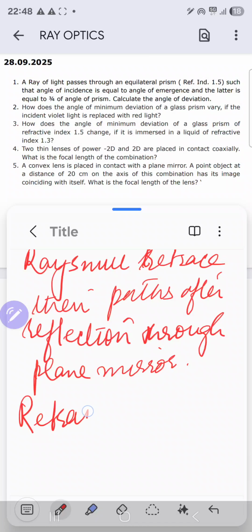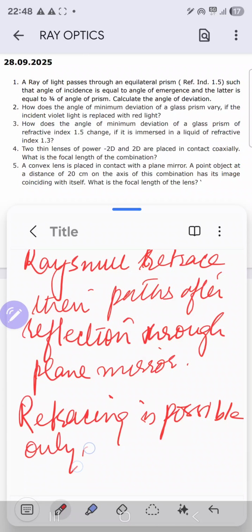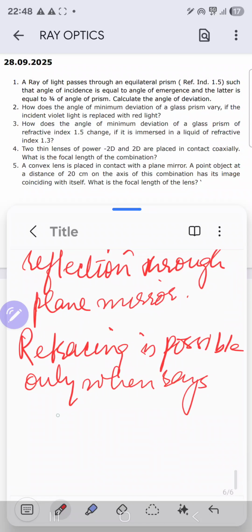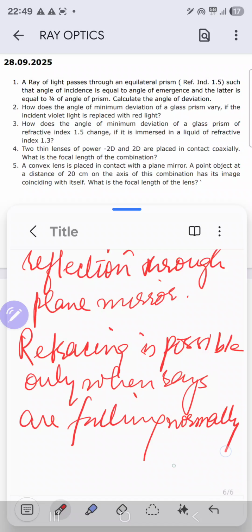Retracing is possible only when rays are falling normally on the mirror.